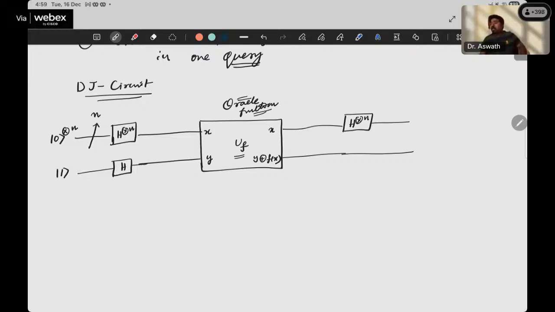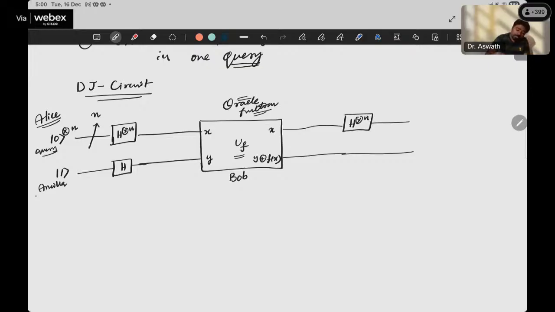Now, what is Alice's role here? Alice's role is on the left hand side. She prepares and adds the ancilla qubit and query qubits, combines them, and sends them to Bob. What is the role of Bob? Bob just processes it using the unitary function.